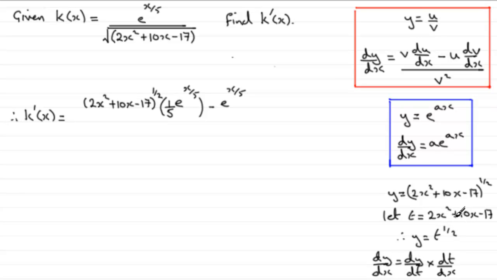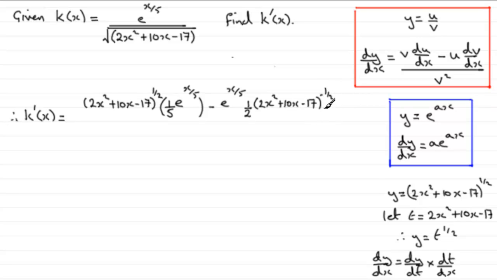But t is 2x squared plus 10x minus 17. So when we do dy by dt, we're going to get a half, t to the minus half, where t is 2x squared plus 10x minus 17, and that is now to the power minus a half.